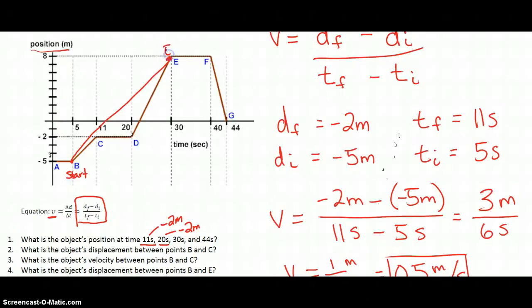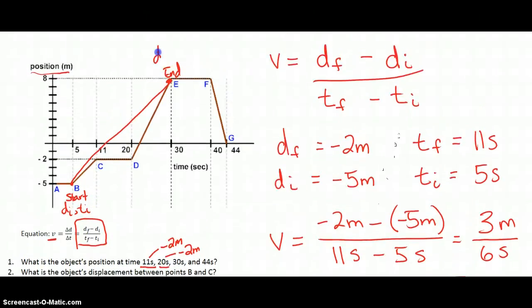This is going to be my end point. So when I find my d sub I and t sub I, it's referring to this point, d sub f and t sub f are going to be referring to that point.